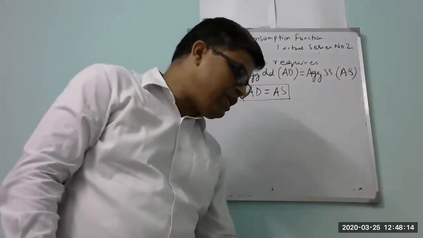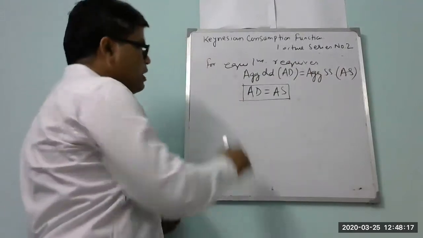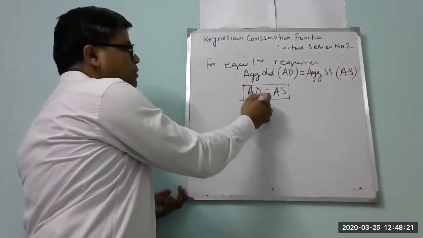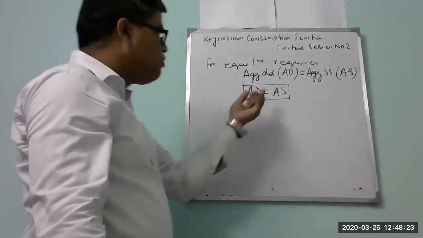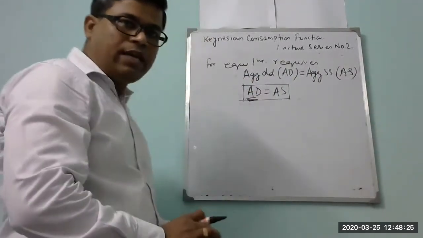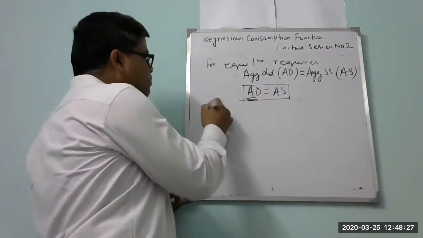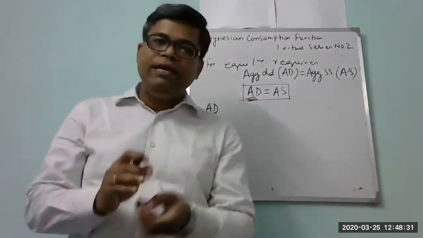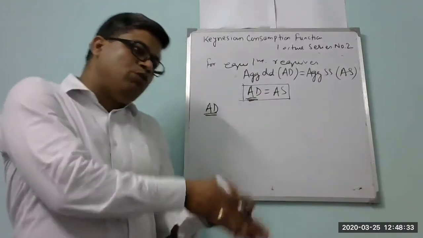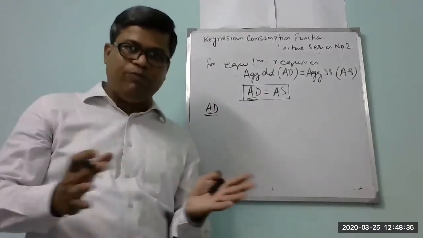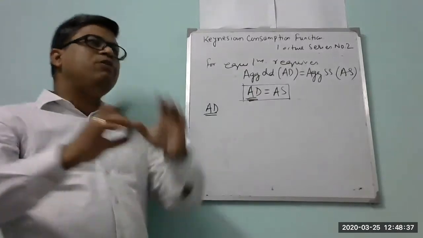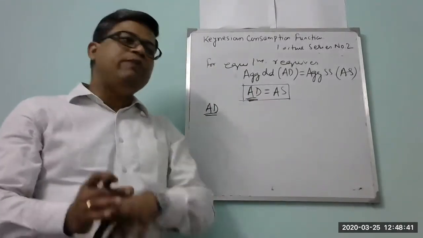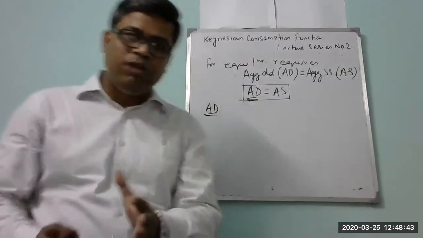Now, what is aggregate demand? First we shall give emphasis to the AD side, and then to the AS side. So let's start with aggregate demand first. AD can be looked at from the expenditure point of view. If we sum up all the expenditure happening within the economy, we get aggregate demand.